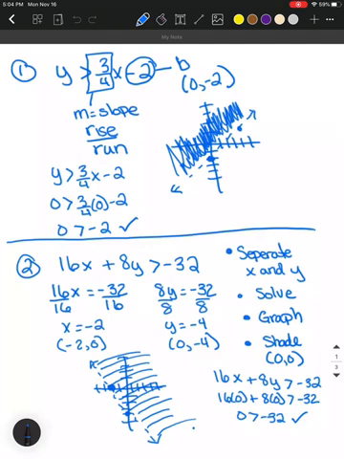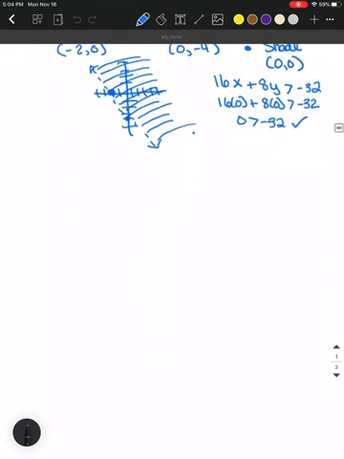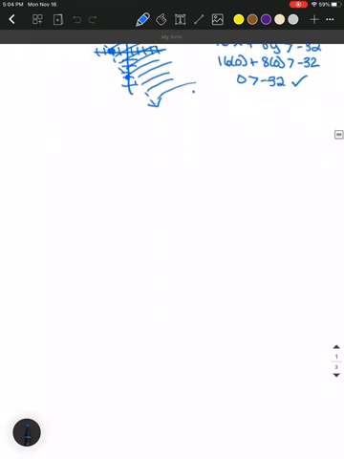Number 3, hopefully you have your paper in front of you, because I'm not going to write the whole problem out. But number 3, we're dealing with temperatures in Alaska.